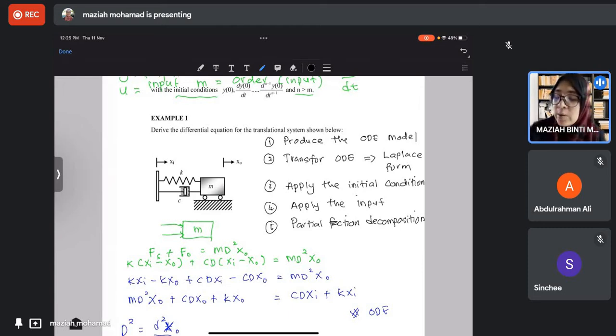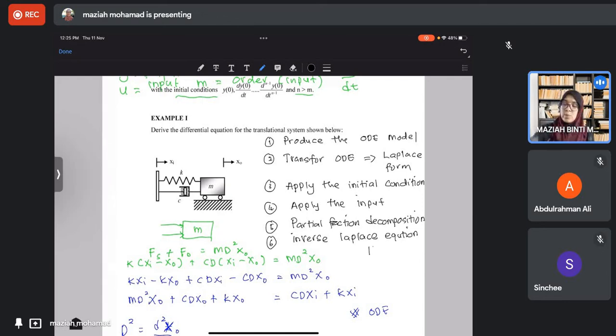Once we have solved for the parameters, only then are we going to inverse Laplace. We're going to inverse the Laplace equation.